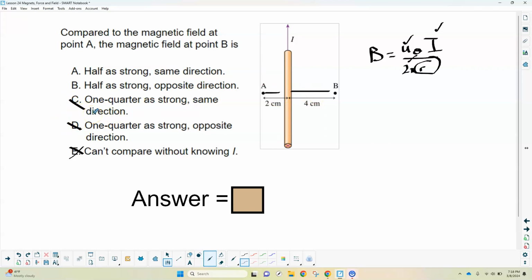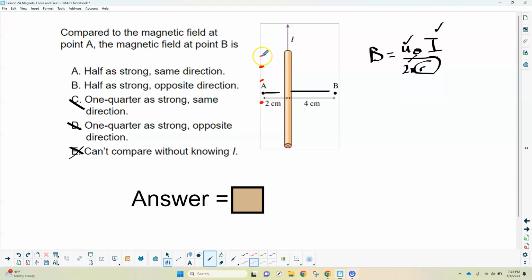So when you're figuring out the direction, you use your right-hand rule number 2. So if we grab that wire and have our fingers loop around the wire, at point A, I would say the field is coming out of the page. So I would see a dot everywhere on this side of the wire, because remember, dots are coming at you.